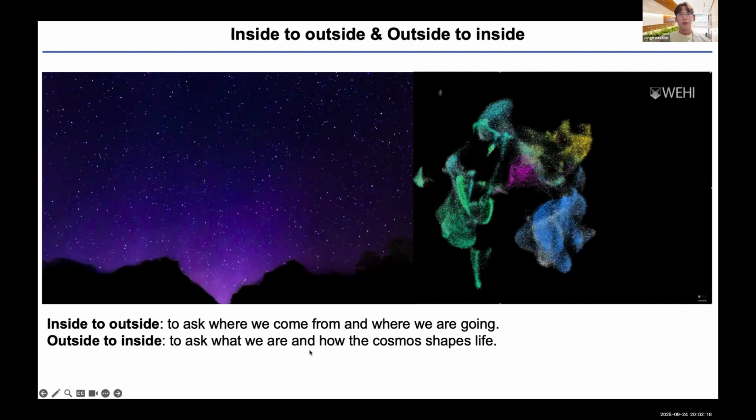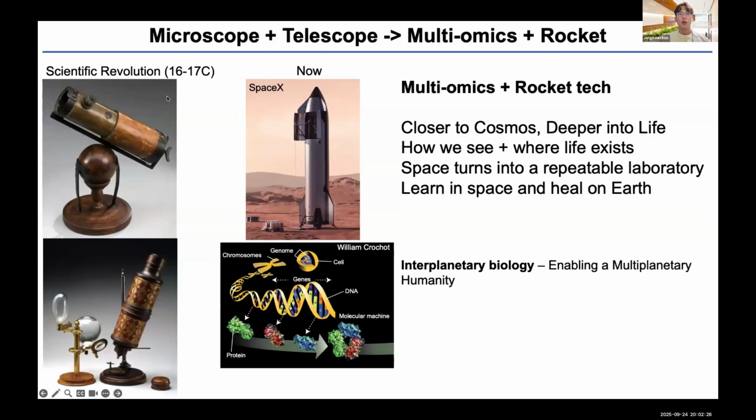I believe modern science comes from answering those questions about the cosmos and life. The modern scientific revolution arose around the 16th to 17th century based on two tools, the telescope and the microscope, which made it possible to see the cosmos and to see cells or life.